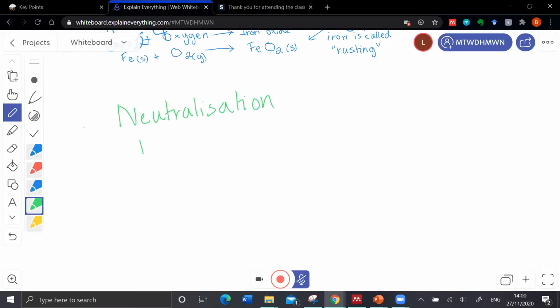So the general form is an acid plus an alkali goes to a salt plus water. A salt is just something that's produced from a neutralization reaction.